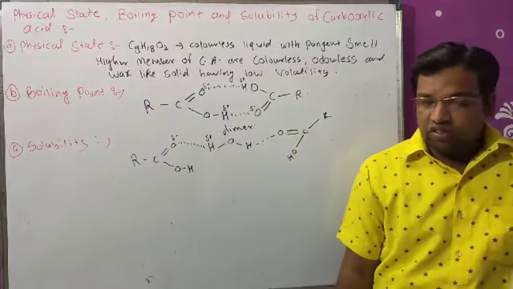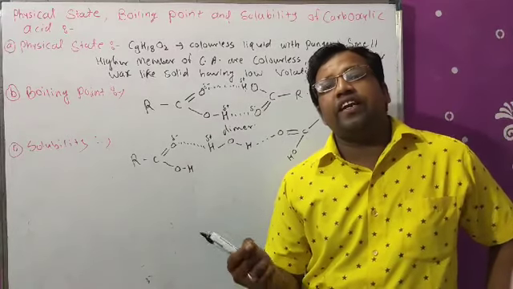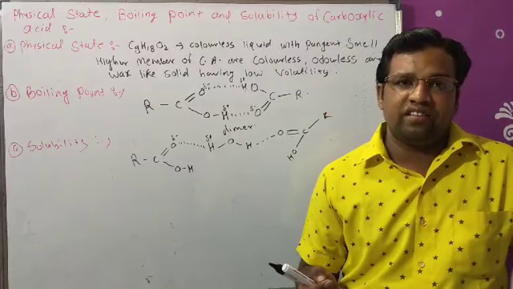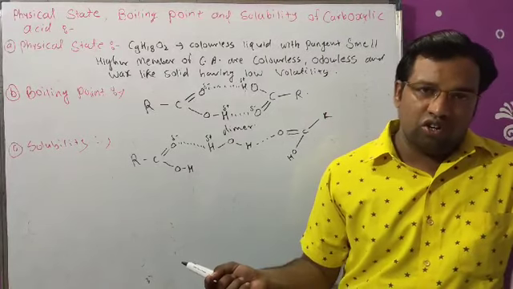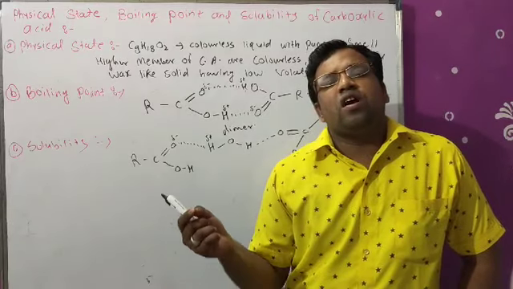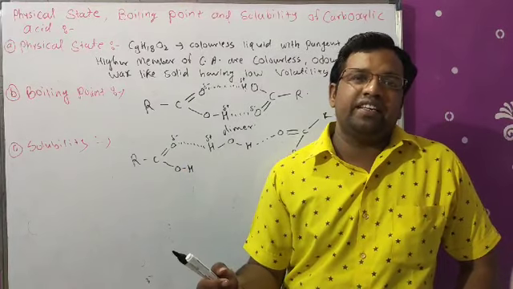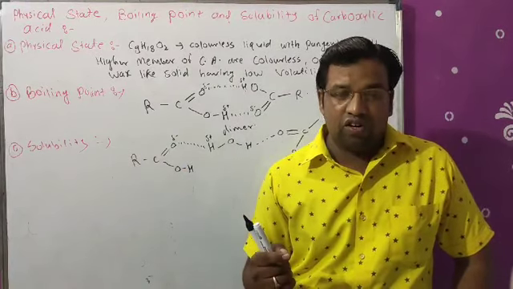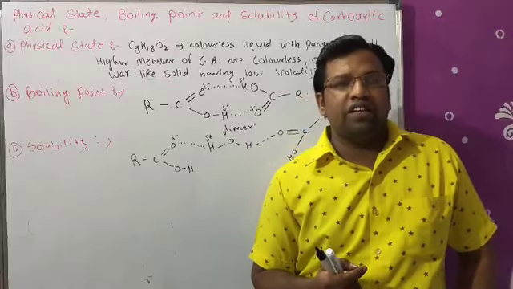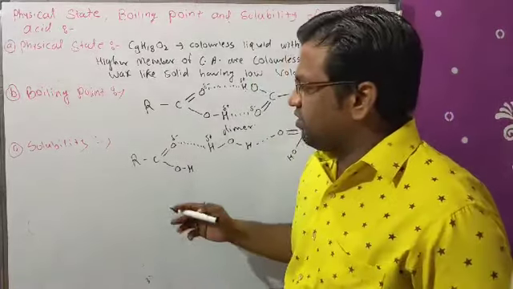Okay, so this is one of the important points to remember for CET, that formic acid and acetic acid have a higher density than water, and higher carboxylic acids are lighter than water. This is important.